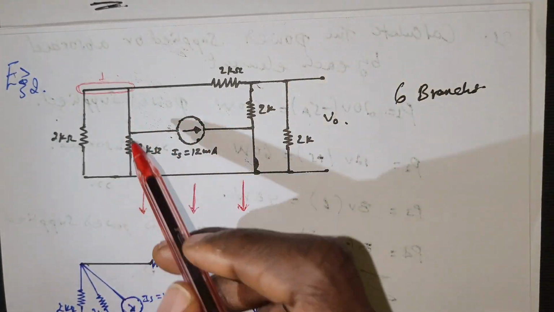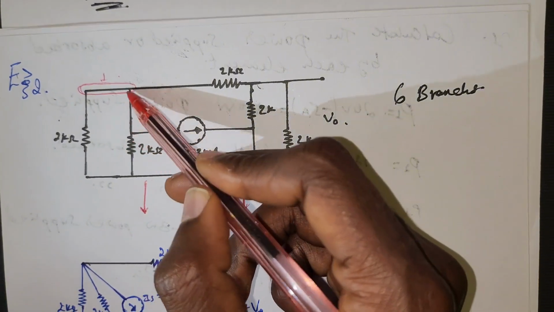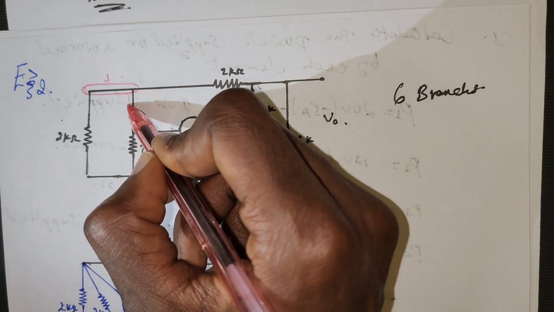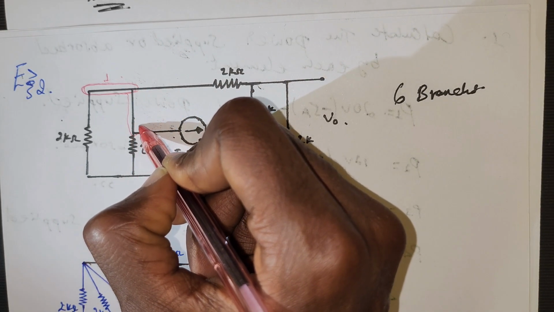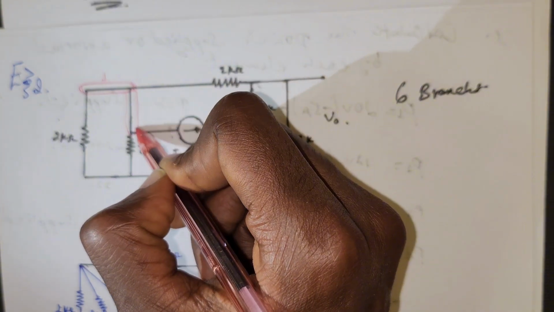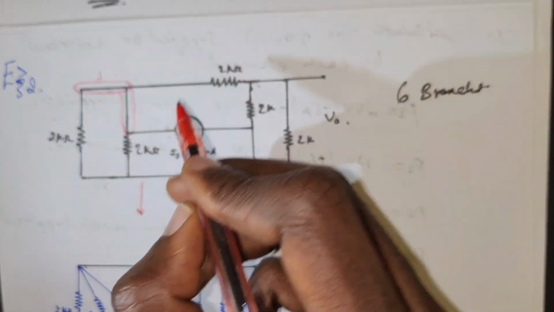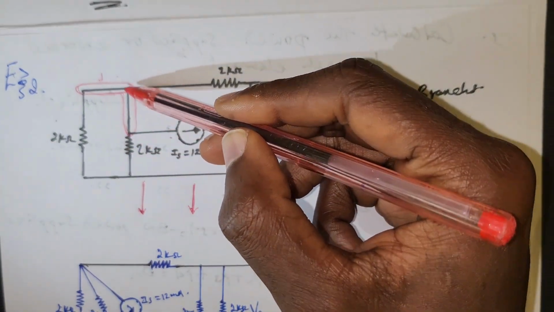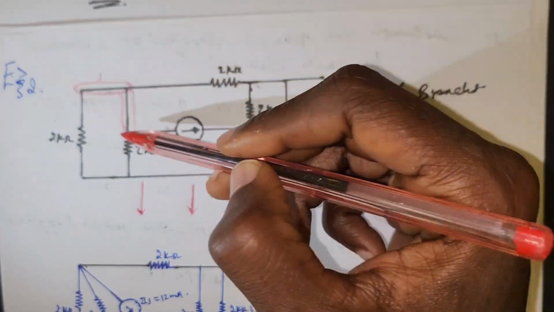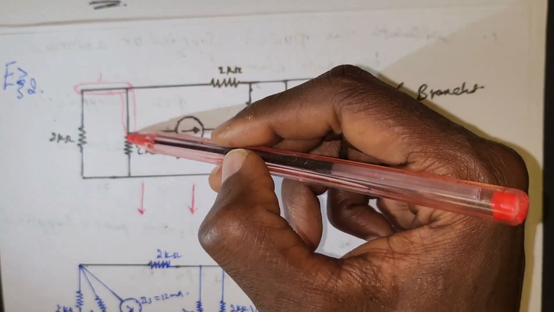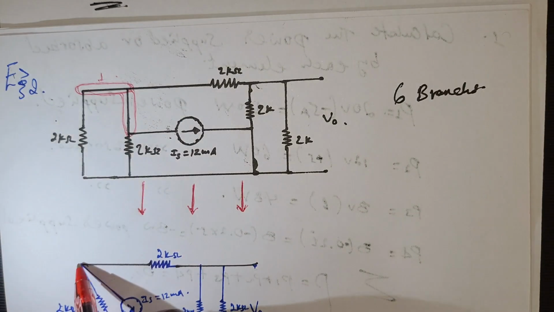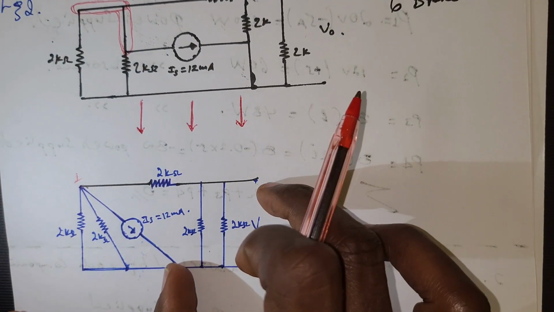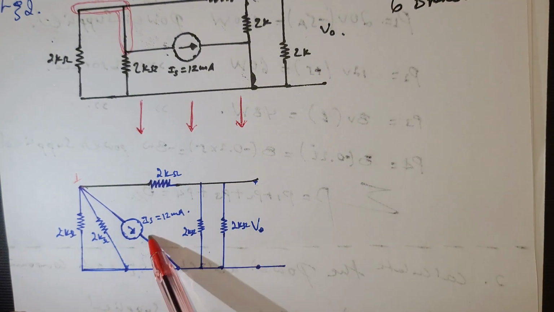These three junctions are simply connected with a short circuit, so we can unite them. As the first node, this point can be united into this one, and this also can be united into this one, because they are connected with a short circuit or a connecting wire. So we can unite them into this point. This circuit is the reduced form of this circuit.